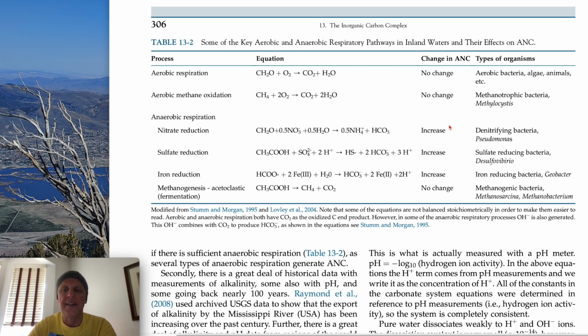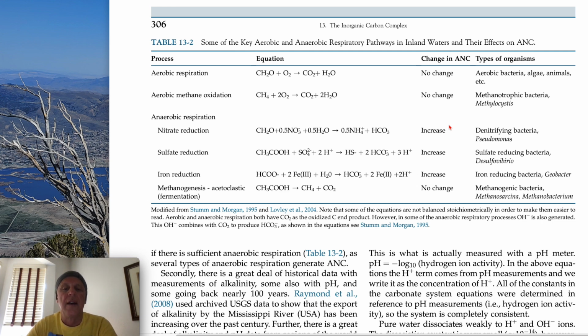No change in ANC. Methanotrophic bacteria such as Methylocystis. Anaerobic respiration, nitrate reduction: methanol again plus 0.5 nitrate plus 0.5 water is equal to 0.5 ammonium plus bicarbonate. That increases the ANC. Denitrifying bacteria such as Pseudomonas are an example of it.